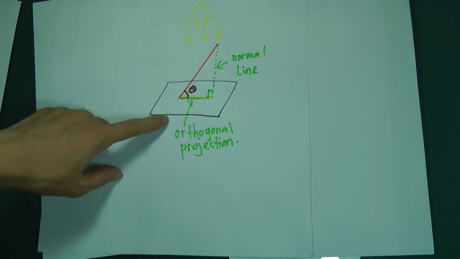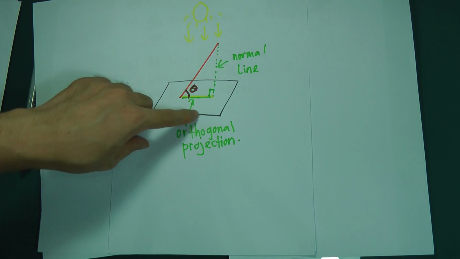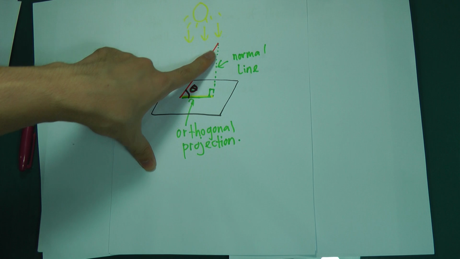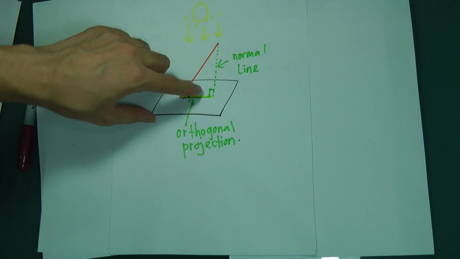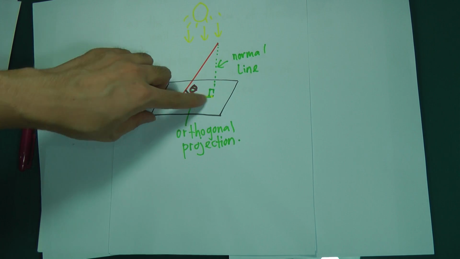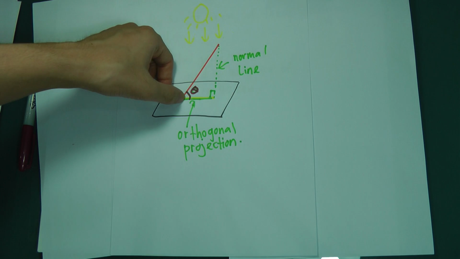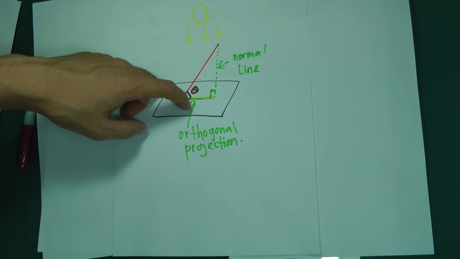Okay, this concept is very important, so let me explain one more time. You have a 2D plane over here, and then you have a line standing. Imagine the light from the top forms a shadow, or orthogonal projection, on the plane.